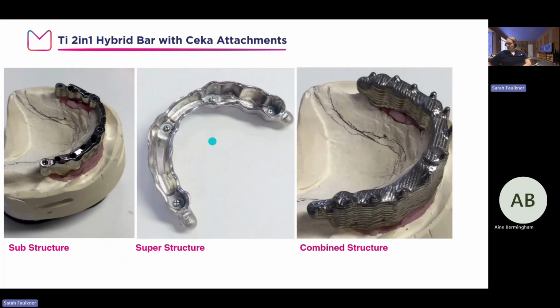Then we cement the male sections of the Seekers into the underside of the sleeve. These can be adjusted, so they have a splay of 4, so you can splay them or tighten them together, and you can also change them as they wear.